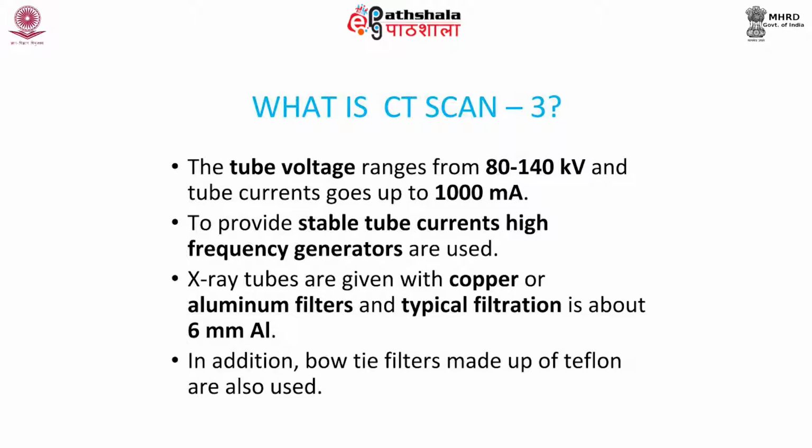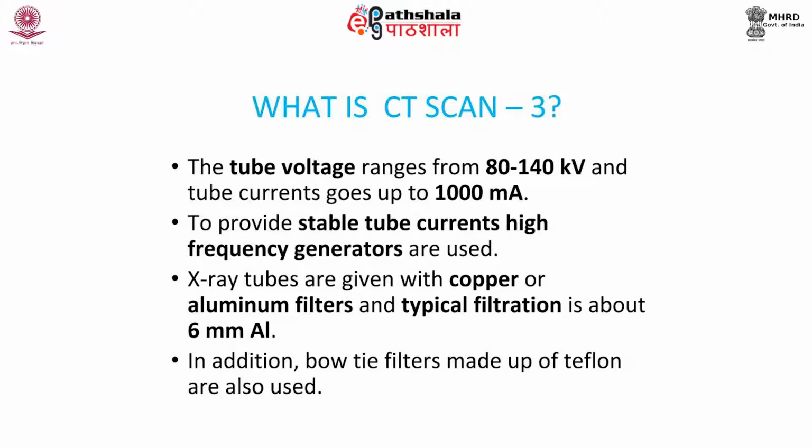The tube voltage ranges from 80 to 140 kV and the tube current goes up to 1000 milliamperes. To provide stable tube currents, high frequency generators are used. X-ray tubes are given copper or aluminum filters and typical filtration is about 6 mm aluminum.